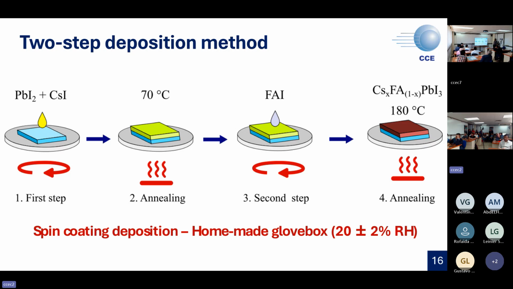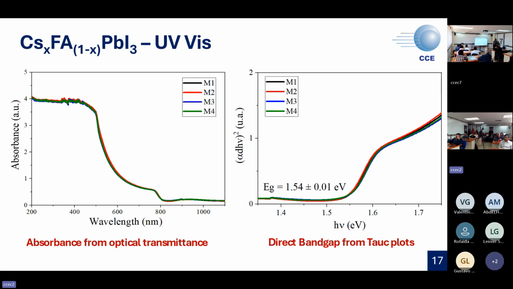And with an annealing process, we obtain the complete perovskite. Some properties of the perovskite that we make in our laboratory are a direct band gap with a value of 1.54 electron volts, and this is a suitable value for the solar spectrum.